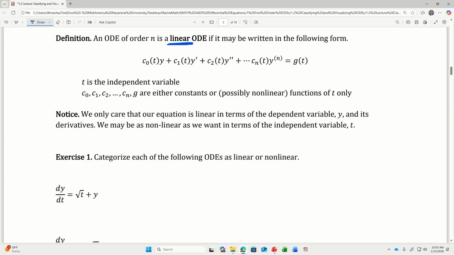So, like in exercise 1 right here, where it says dy dt is equal to the square root of t plus y, would you say that's a linear or non-linear ODE? Linear.